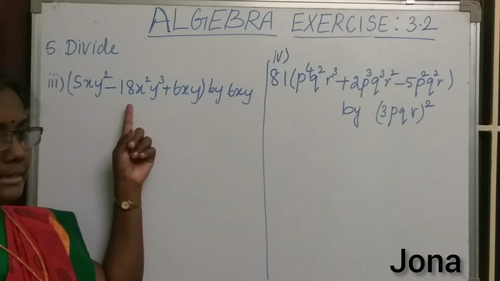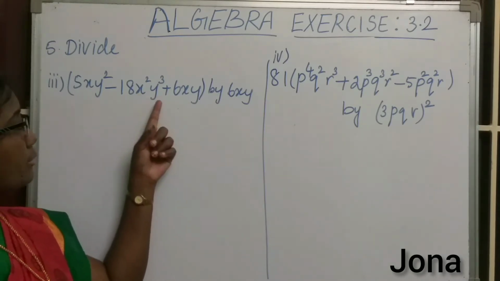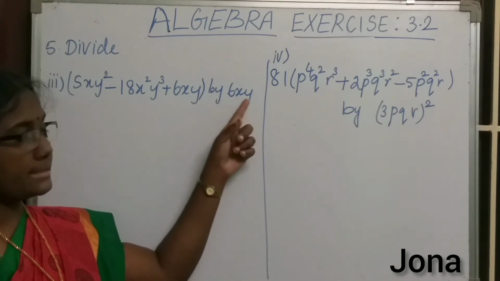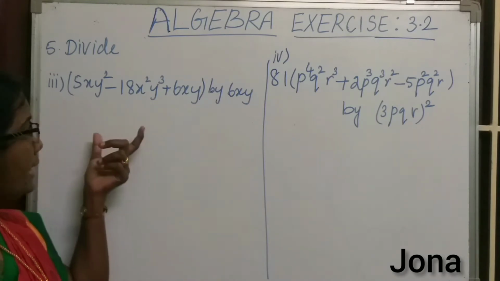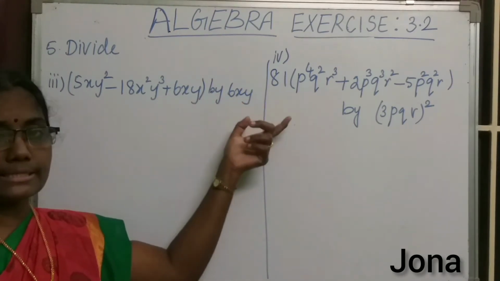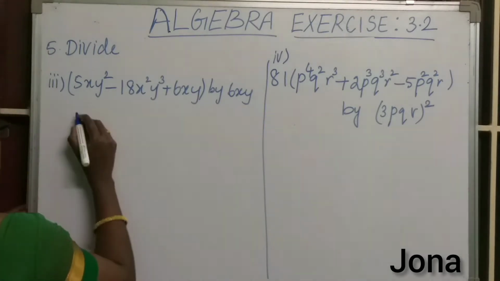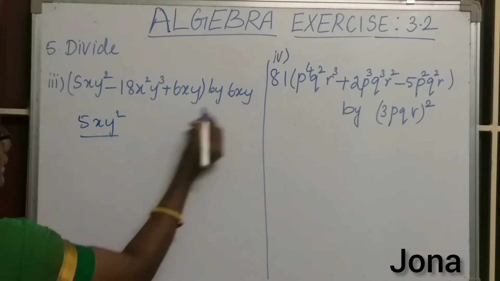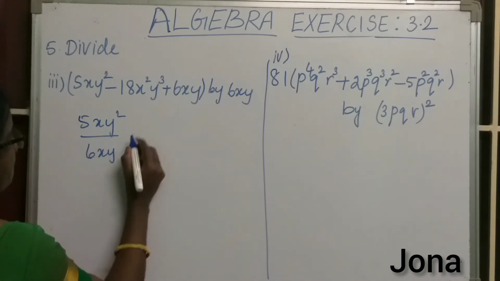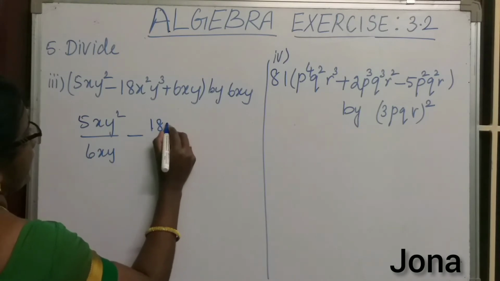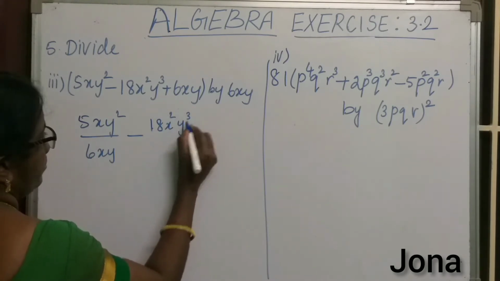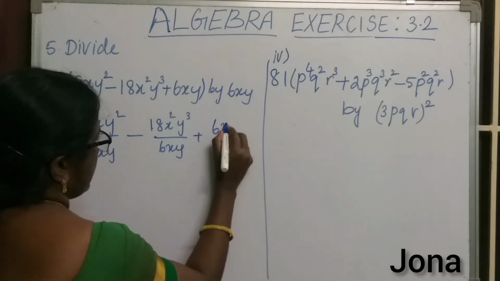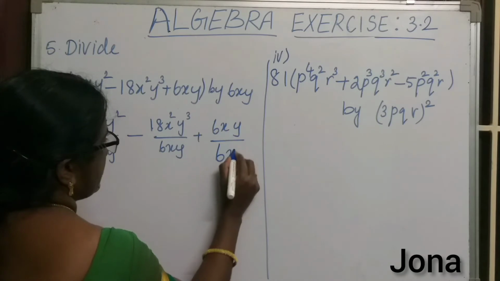5xy square minus 18x square y cube plus 6xy by 6xy. We are going to divide each and every term by 6xy. So write this as 5xy square by this 6xy minus 18x square y cube by 6xy plus 6xy by 6xy.